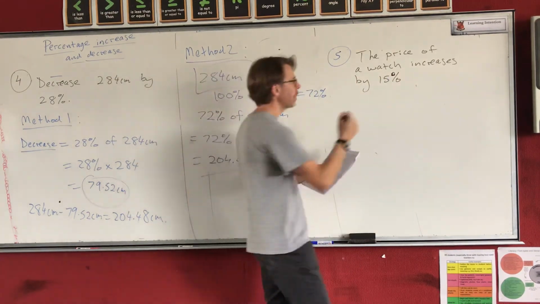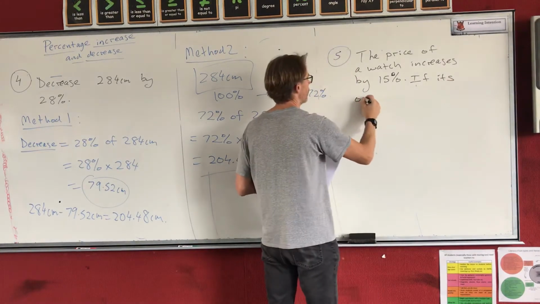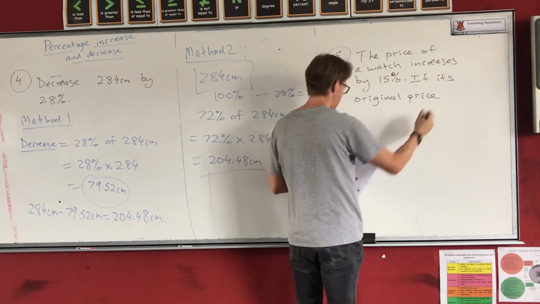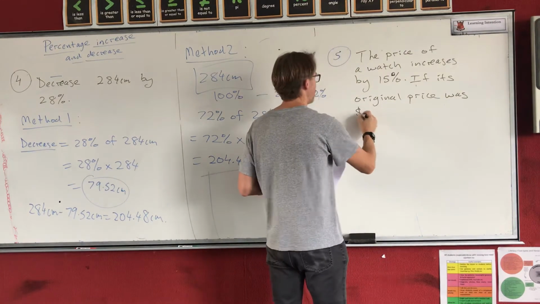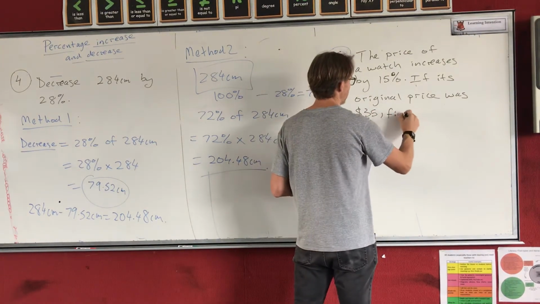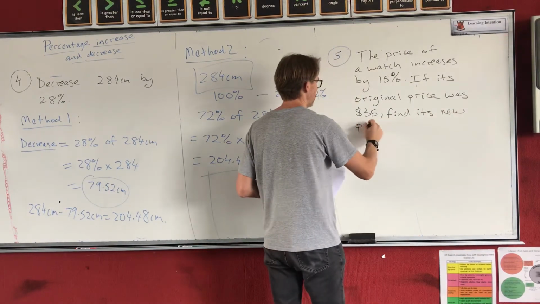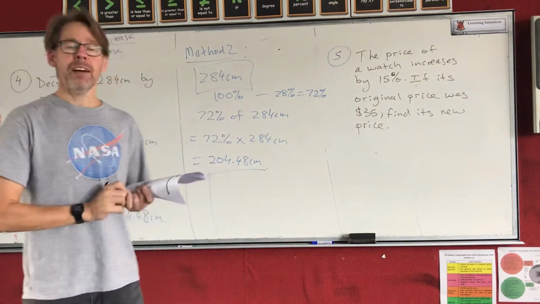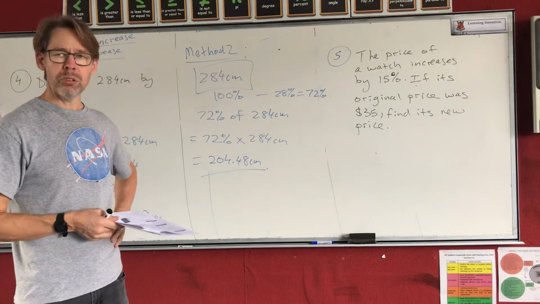If its original price was $35, find its new price. Okay, copy that question down, have a go at the question, pause the video and see if you can work that question out by yourself.